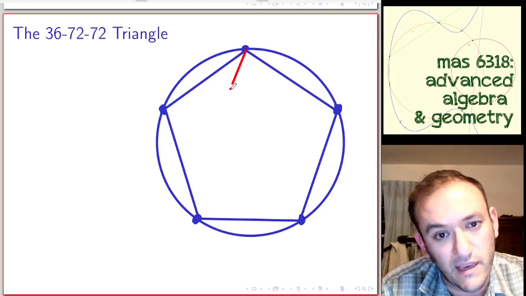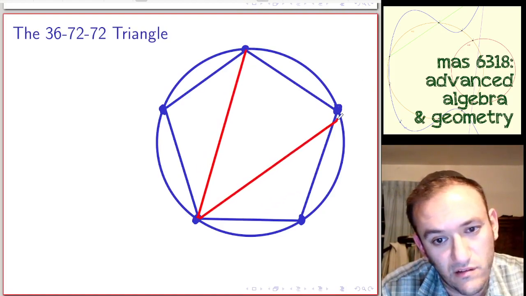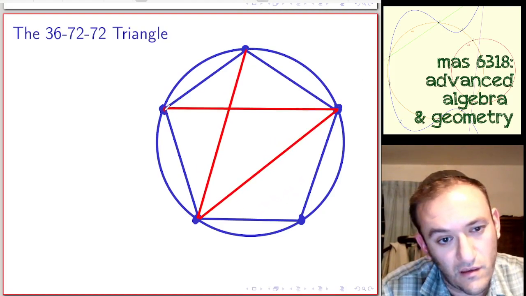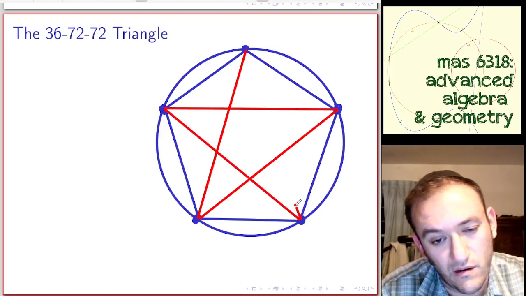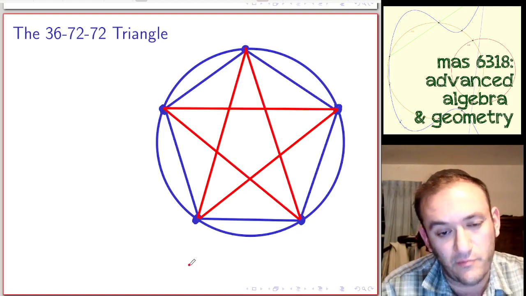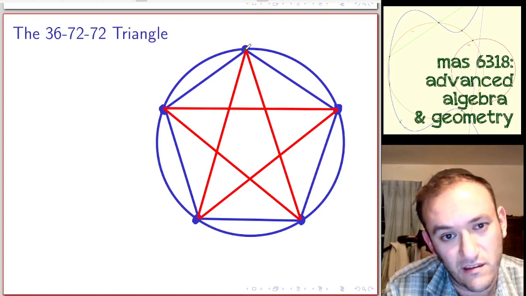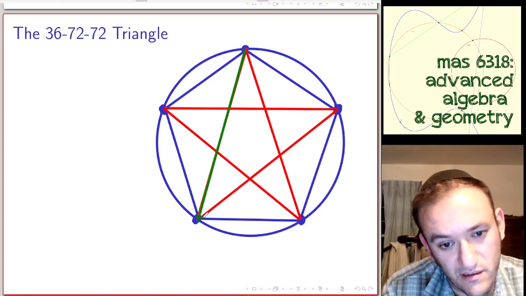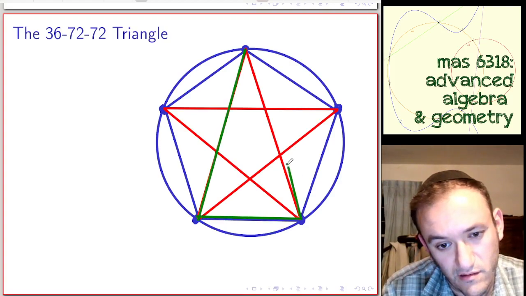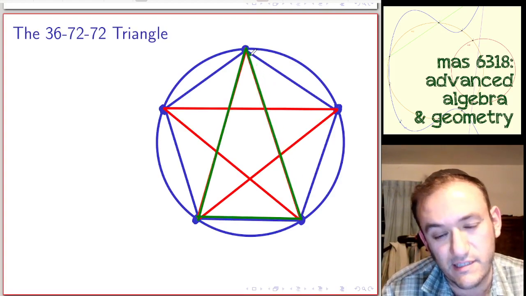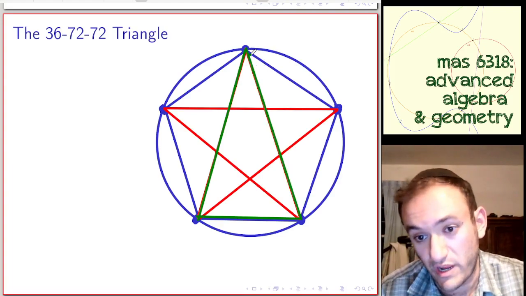Okay, so let's add in a diagonal here, and here, and here, and here, and here. Okay. So my claim is that this is a 36, 72, 72 triangle.